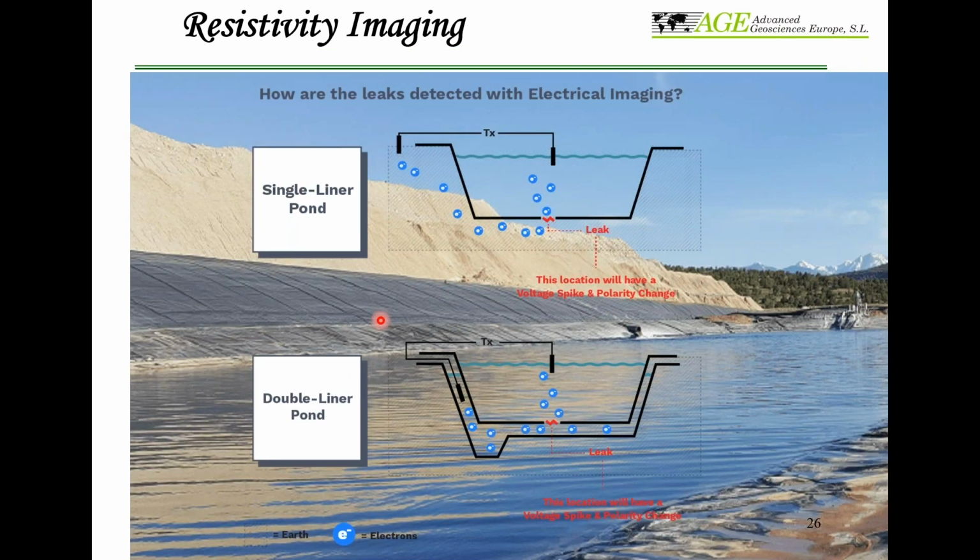Another example is a pond, with leakage studies. You can also use the marine cable in this kind of leakage study. If you have a liner, you put one current electrode inside and another outside of the liner, and then measure the voltage differences, manually or automatically.